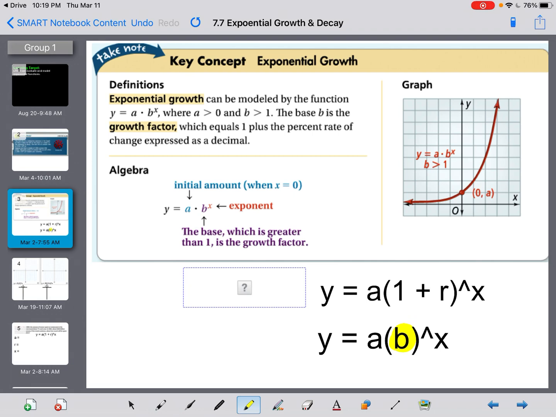So a times b to the x is still really what we're doing, but this a times 1 plus that rate of change, or that ratio to the x power, is how you want to plug things in. A is still your initial starting amount. B is your base, which is greater than 1 since it's a growth factor, and x is still your exponent.